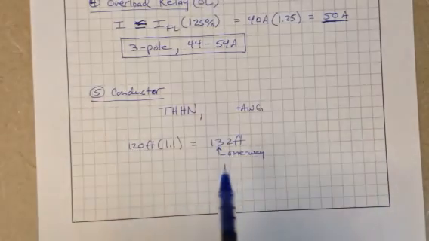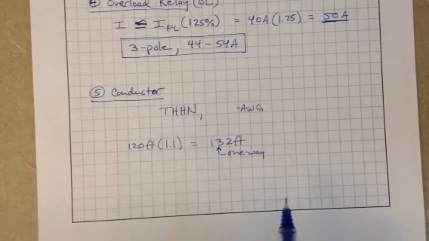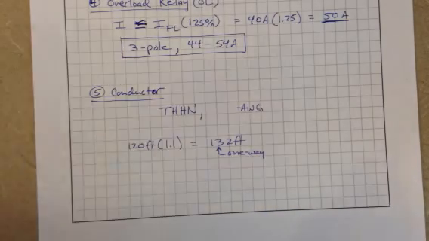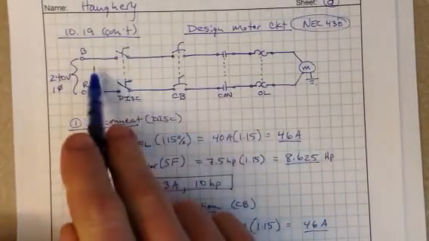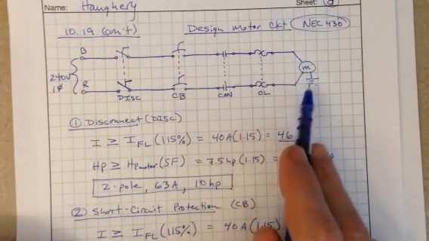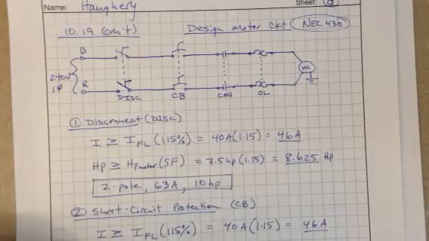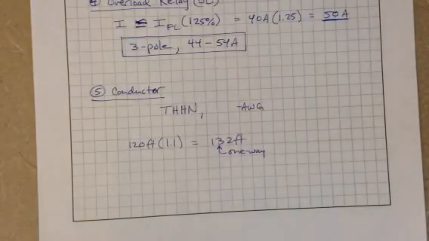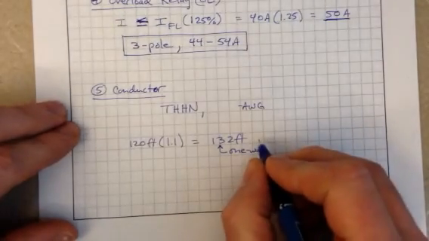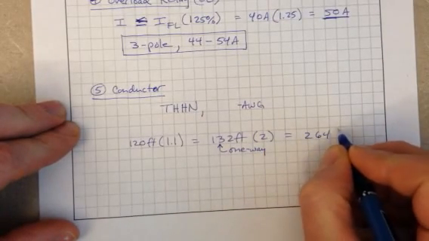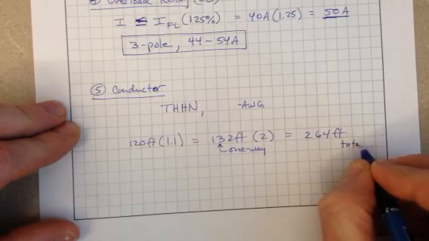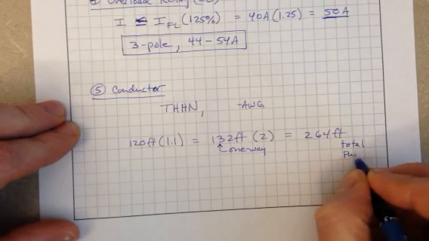Now, that's the dimension I want to use when I look at voltage drop, 2% voltage drop on the Chapter 5 tables. If I want to purchase this wire, I need to account for 132 to the motor and another 132 back to the power panel. So I need 2 times that. Okay? So times 2 equals our 264 feet, and that's our total to purchase.